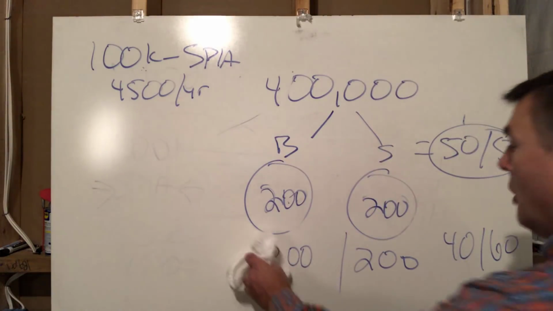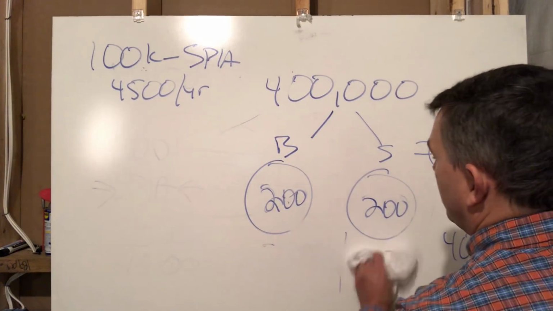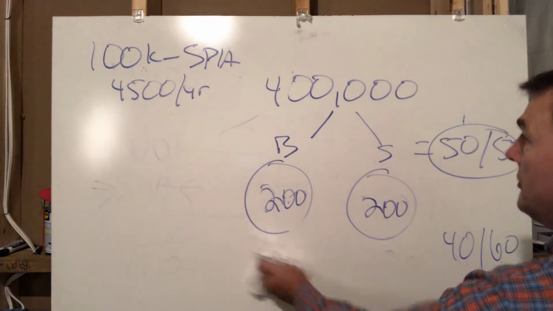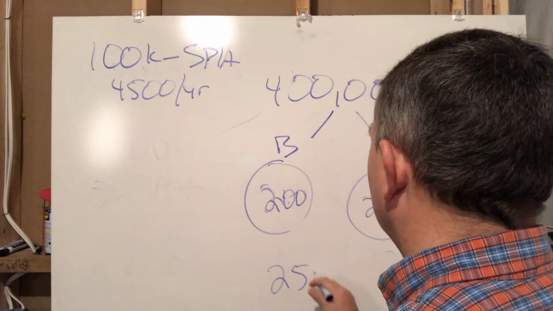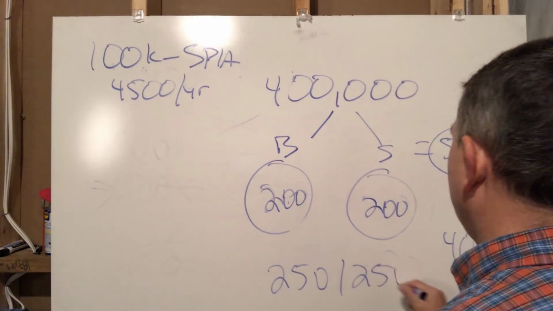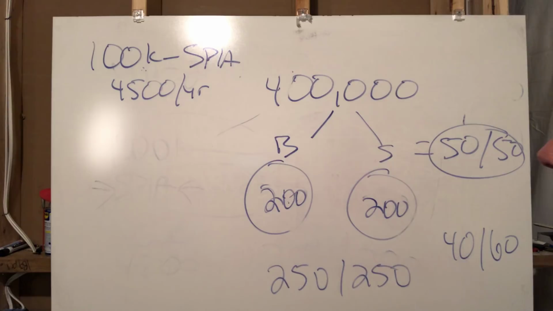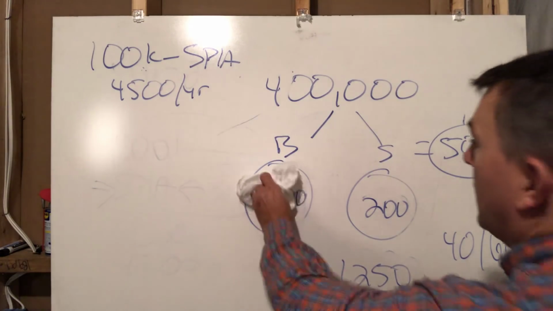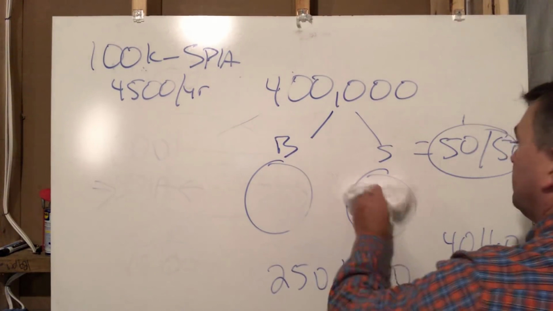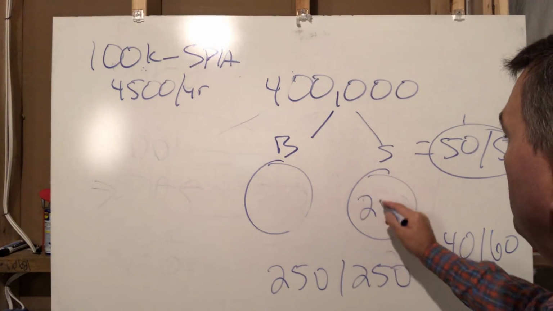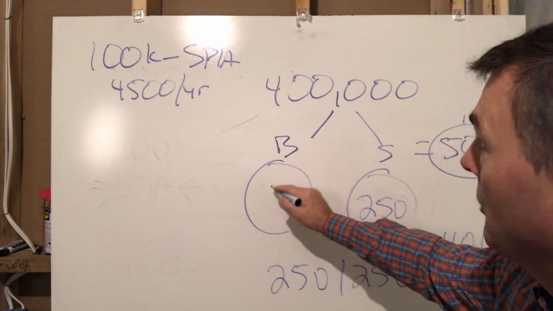Not good. So what we want to do now is we want to say we still want to be 250, all right? So in this case, we say, okay, well, now we got to erase our bonds there, erase our stocks. So we still want this to be 250. Now we need to be, what's that, 150.